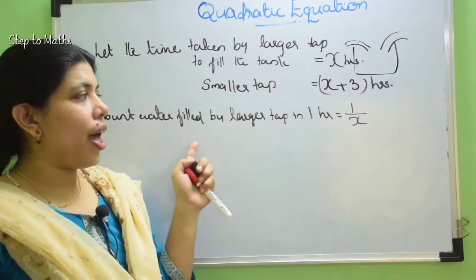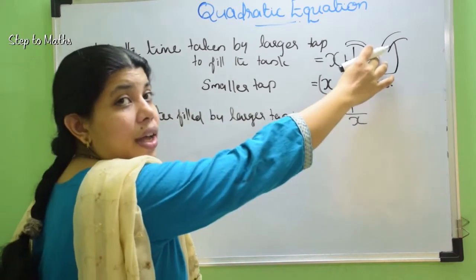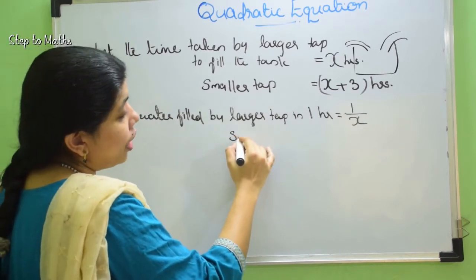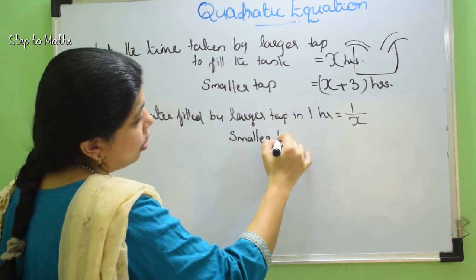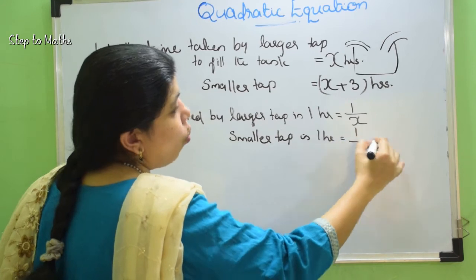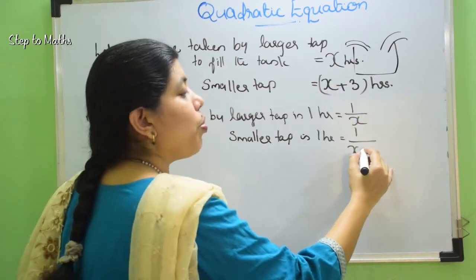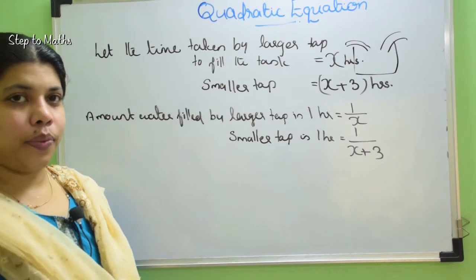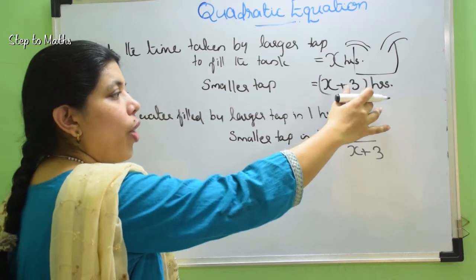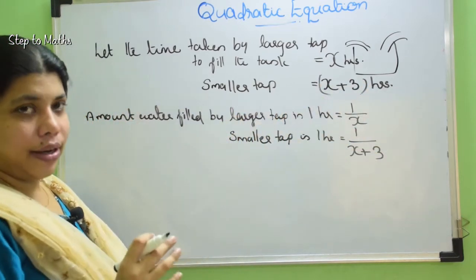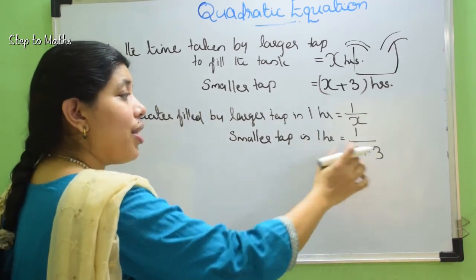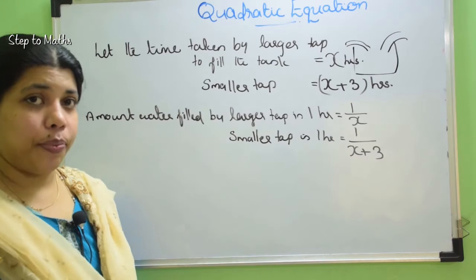Similarly, the amount of water filled by the smaller tap in 1 hour is 1 by x plus 3. In 1 hour, the larger tap fills 1 by x of the tank and the smaller tap fills 1 by x plus 3 of the tank.